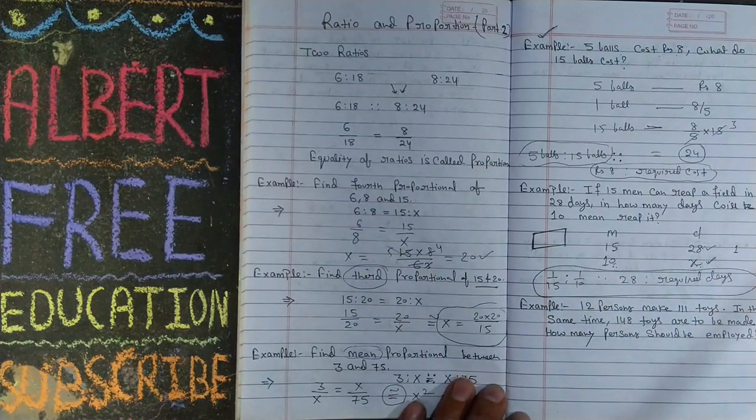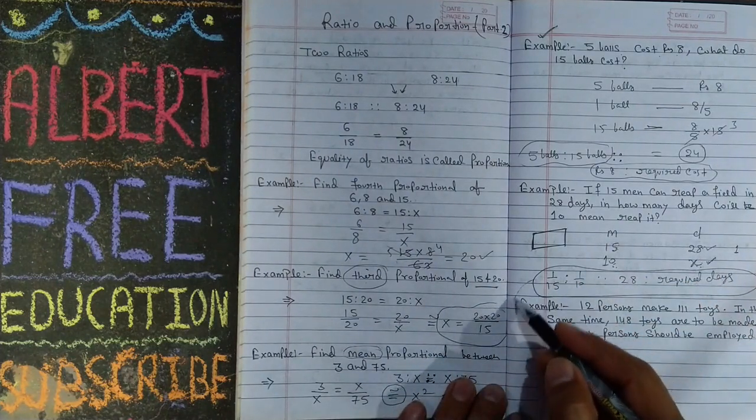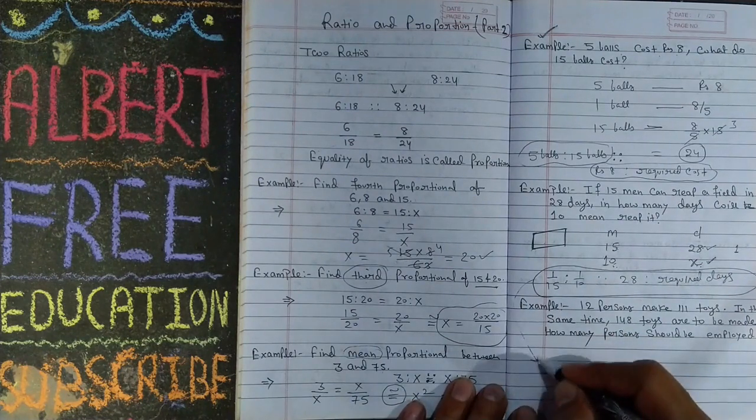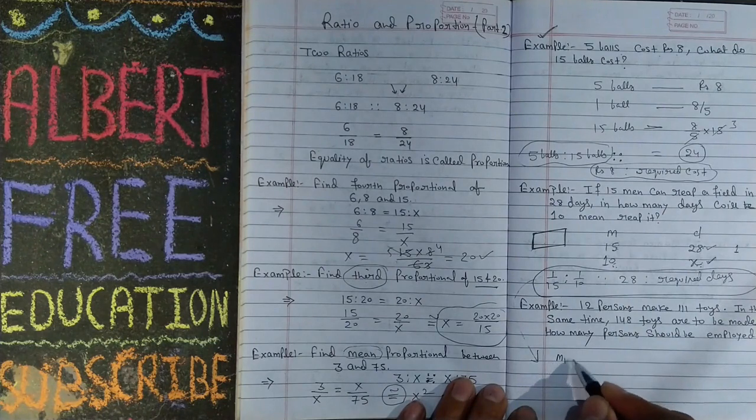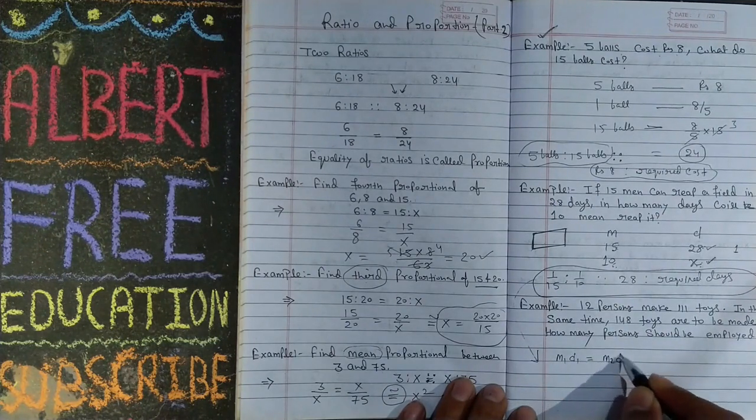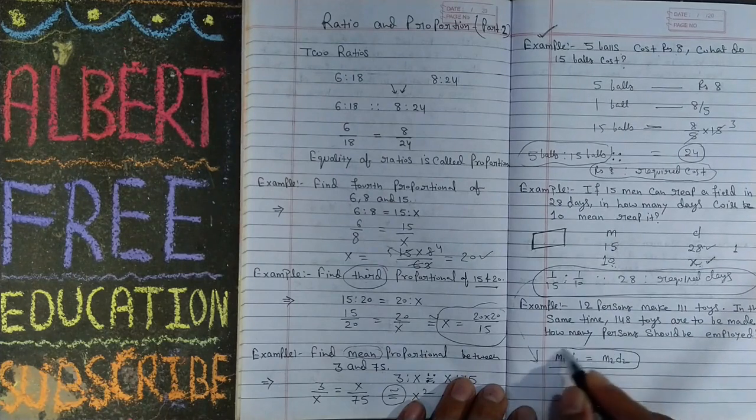Okay, I will use another method, the trick is this: M1 D1 is equal to M2 D2. This is the shortcut trick.